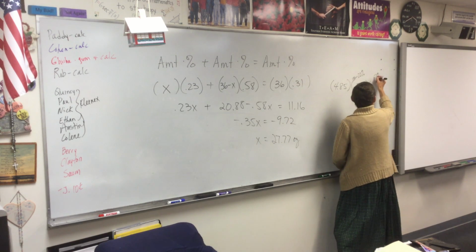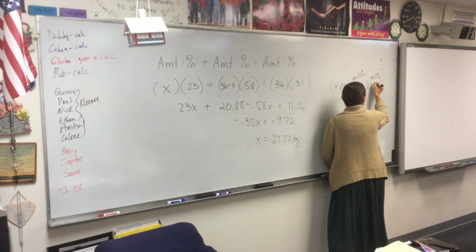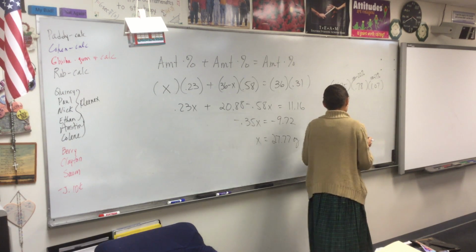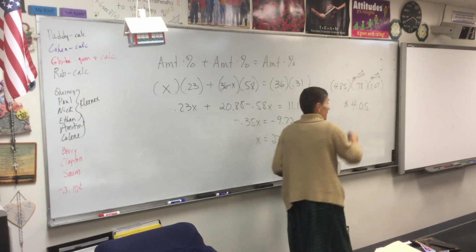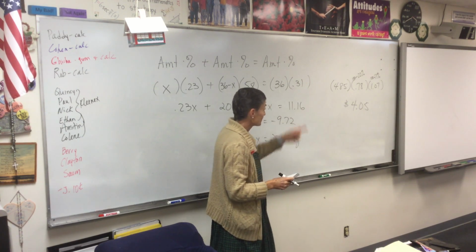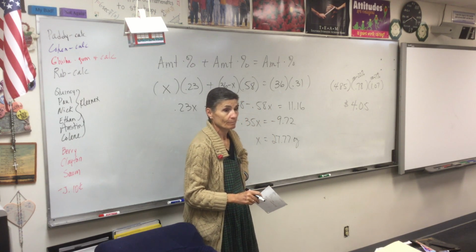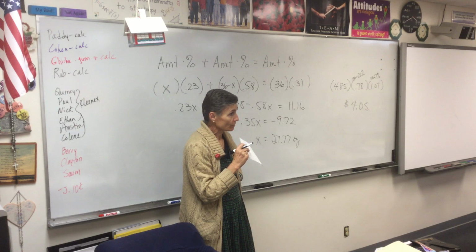If it's an add-on, you do 100 plus that, so your tax is always 1.07. And then we multiply it together, round off to the nearest cent. Just multiply. Just enter those numbers times in your calculator, and it's $4.05. Good?